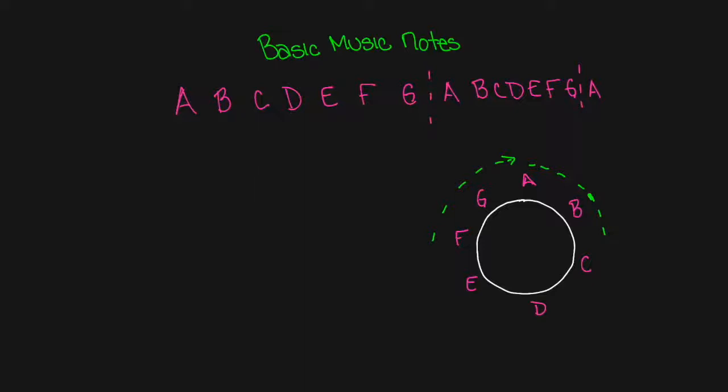Now, there's a couple of relationships we want to draw from thinking about this circle, and one of them is this idea about, well, what is the distance between these two notes? Like, what is the distance from an A to an A? And it turns out that that distance has a very special name, and we're going to call that distance an octave.